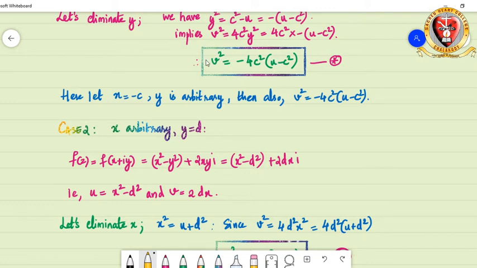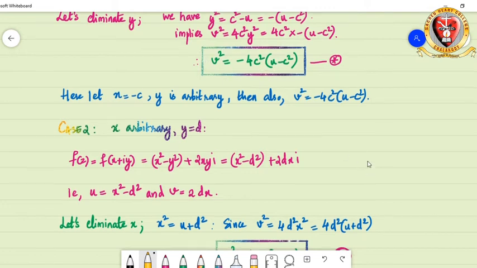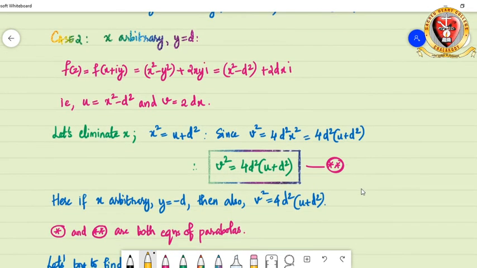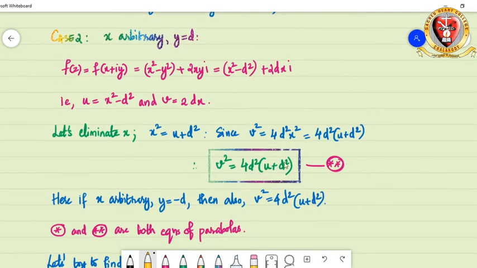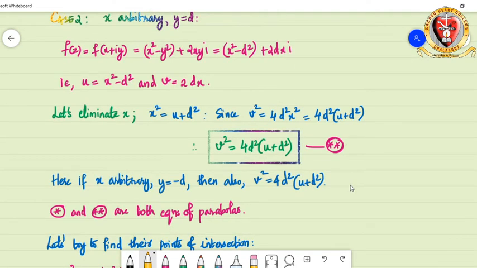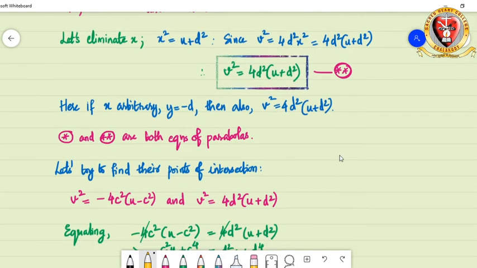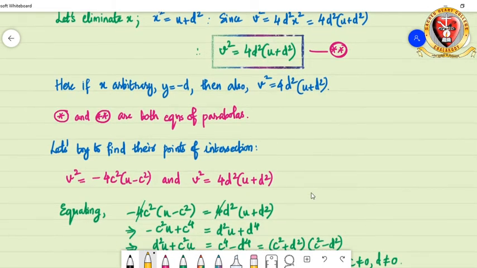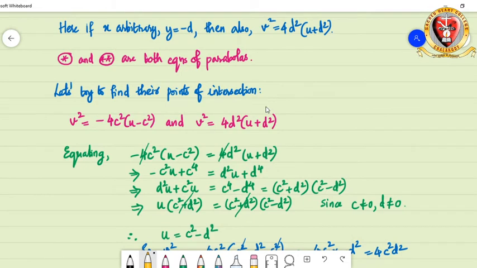So this is nothing but a parabola, and equation double star is also a general form of a parabola. So the equation star and equation double star are parabolas. Now we are going to find if the two parabolas intersect.